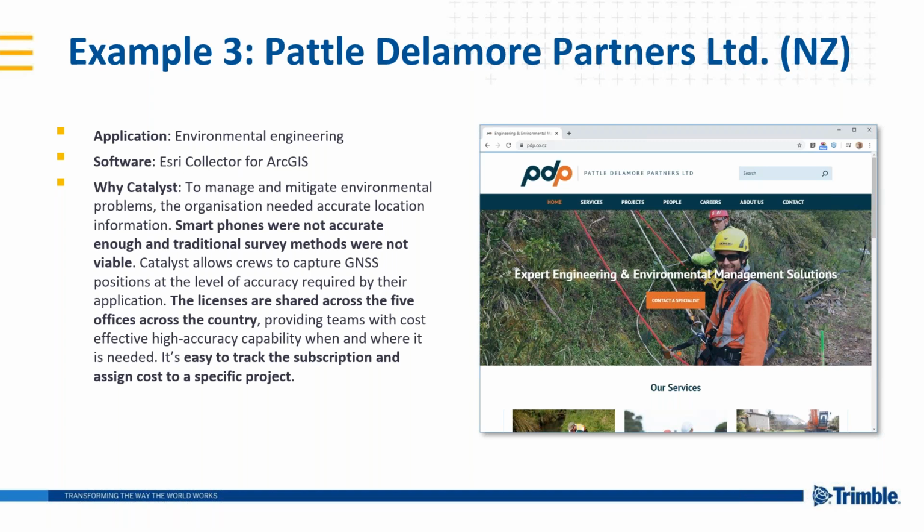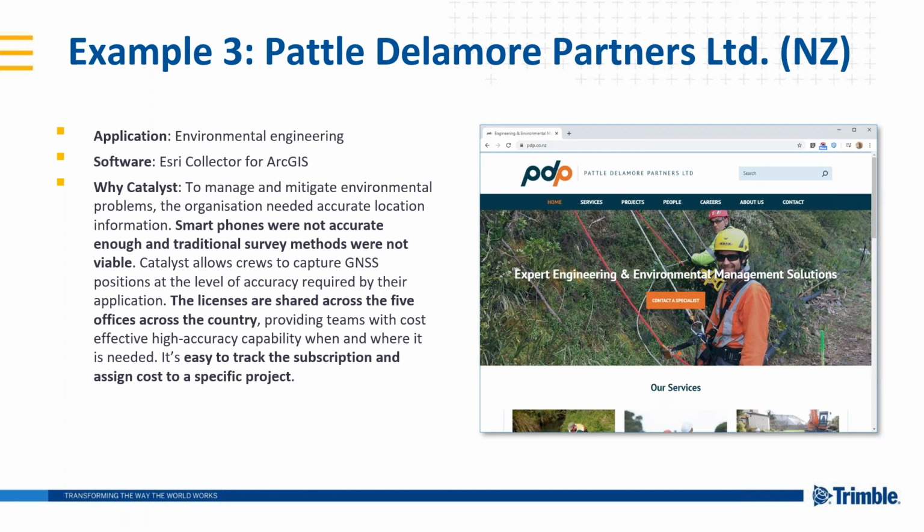So what Catalyst does is it allows them to achieve the level of accuracy, but there's a couple of unique things here which make Catalyst really stand out. So they have 5 offices across the country, and they have equipped every office with Catalyst antennas, and they share the subscriptions across the offices up and down the country.